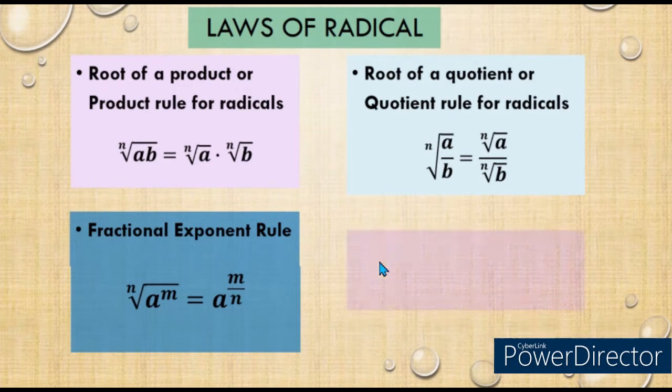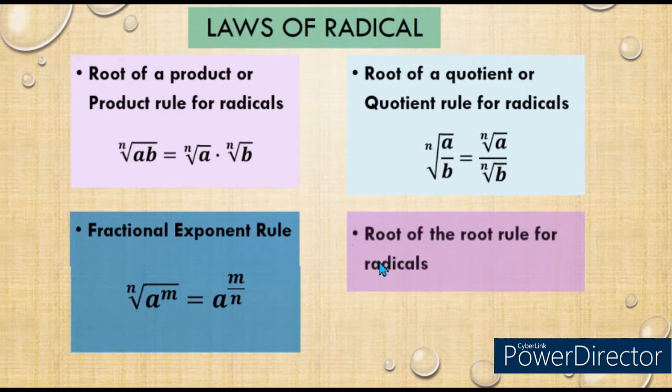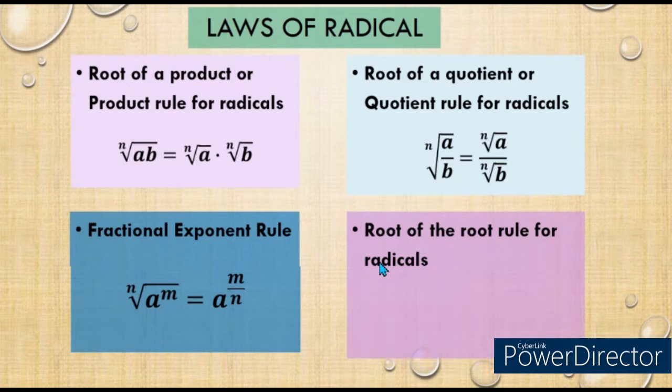Okay, so next law we have here the root of the root rule for radicals. The root of the root rule for radicals is the nth root of m root of a is equal to n times m root of a. So that is the root of the root rule for radicals.